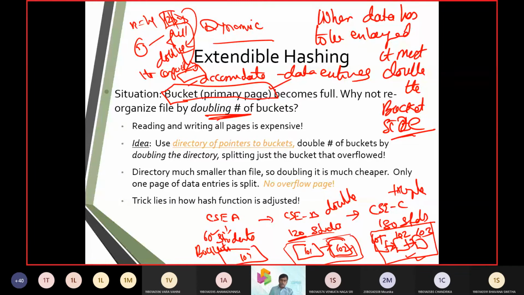Each room's capacity was 60 students. Then I label them second CSE A, second CSE B, second CSE C. We are linking one classroom with another classroom, and linking takes up the concept of pointers. But in static hashing, it is like overflow buckets.